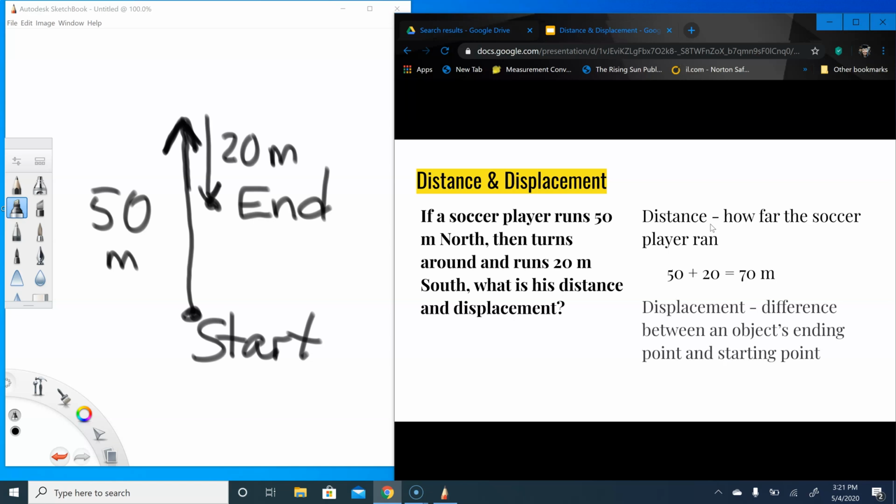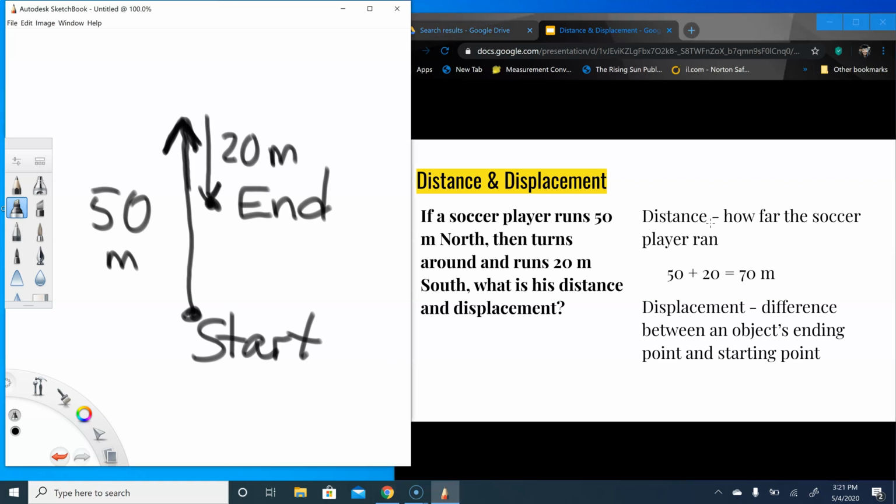Now displacement, a little bit different. We're looking at where they ended up, and we can look at our point versus where they start. And it's going to be the difference between that end dot and that start dot. And how do we know how much that is? Well, we know the whole arrow has to be 50 meters long.